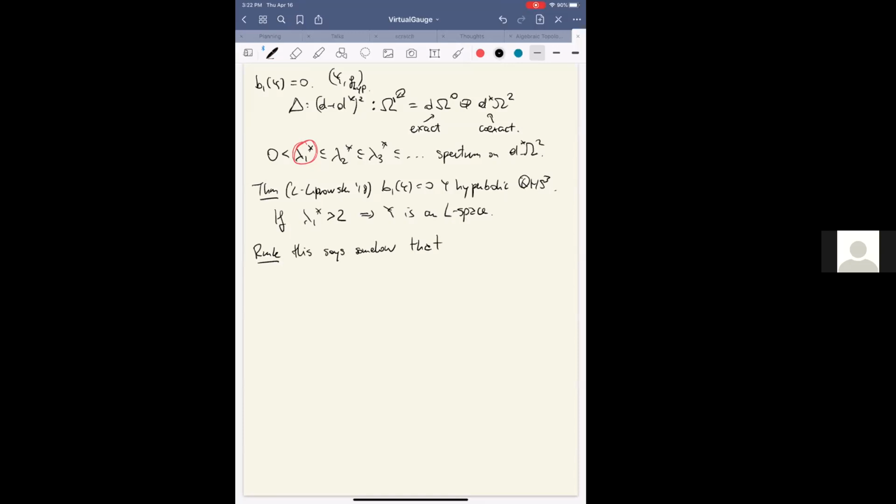So it's saying that non-L-spaces are big. A small eigenvalue implies somehow the space being big from the point of view of spectral geometry.